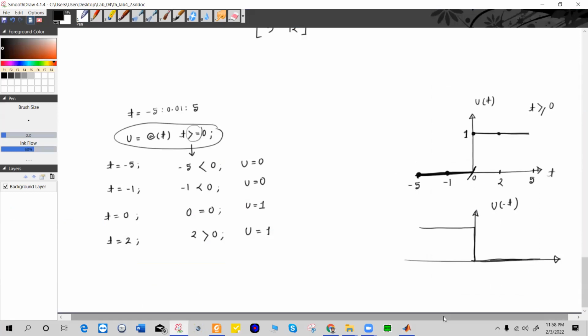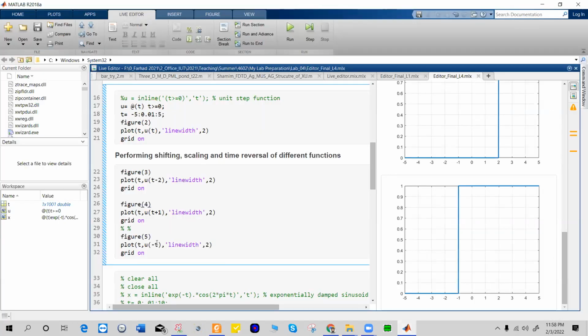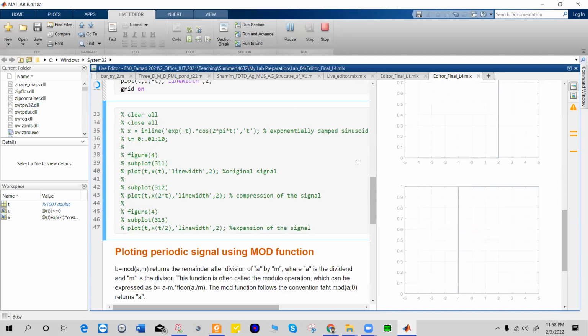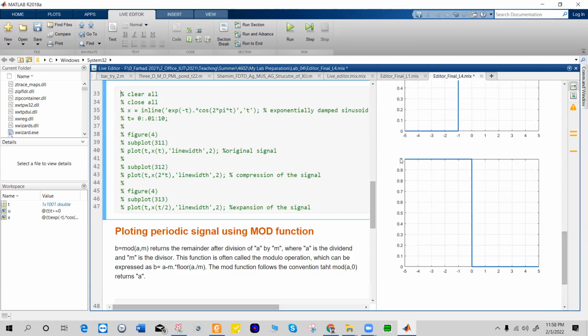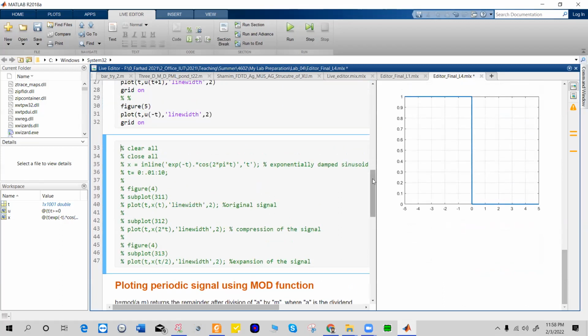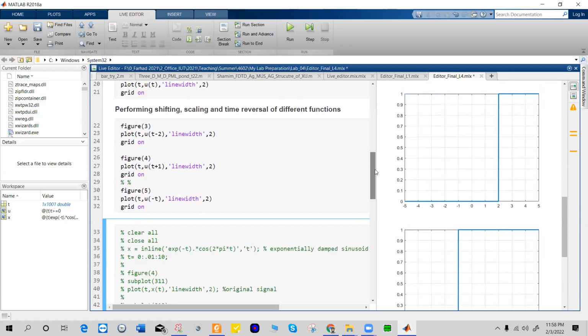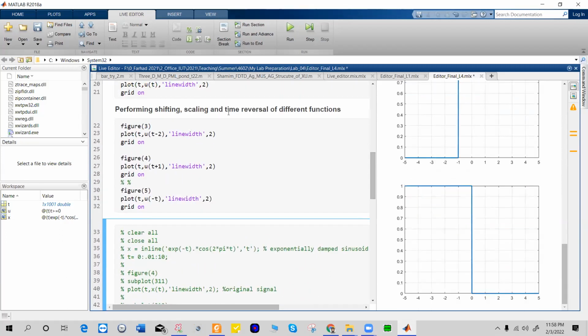So let's check. This is u of minus t. If we run it, you can see that we are having the mirror reflection of u of t. So we have now also verified the time reversal properties. Shifting is done, reversal is done. Now only scaling remains.